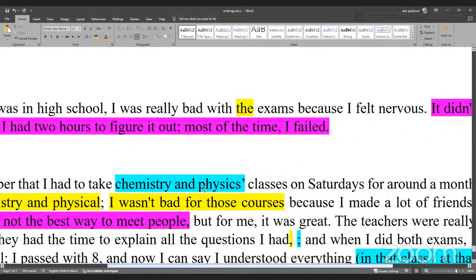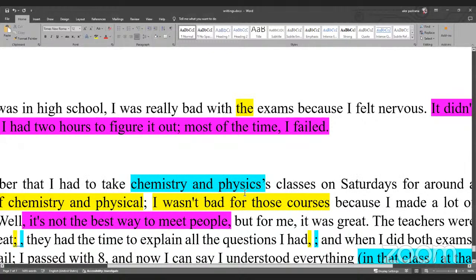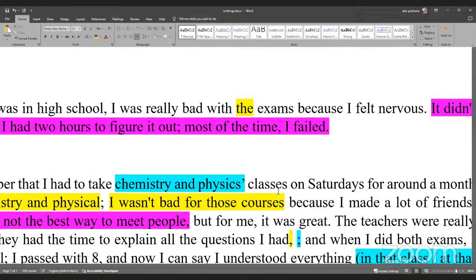Remember, if we have a word that ends with an S, si la palabra original termina en S y queremos utilizar esa como un posesivo, le ponemos el apóstrofe después de la S. No lo separamos y no le agregamos una doble S. Physics doesn't exist. Así que tomen eso muy en cuenta. Si queremos hacer una possessive S acerca de algo que termina ya con una S, le agregamos el apóstrofe después. Tiny little thing to remember.